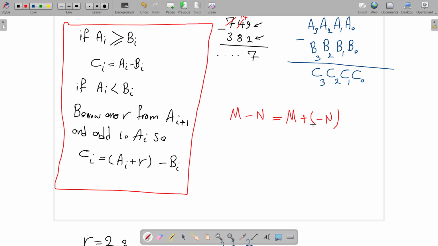So if I could find the negative of n, we call this one the minuend and this one the subtrahend. If we find the negative of the subtrahend and add it to the minuend, I can find this subtraction. So the question is, how can I find the negative of a number in a digital system or in binary systems? Let's look here.